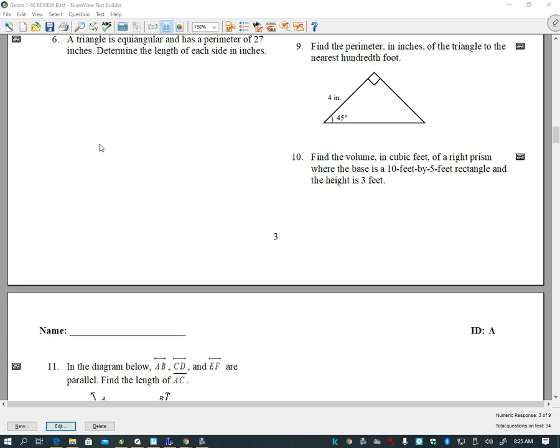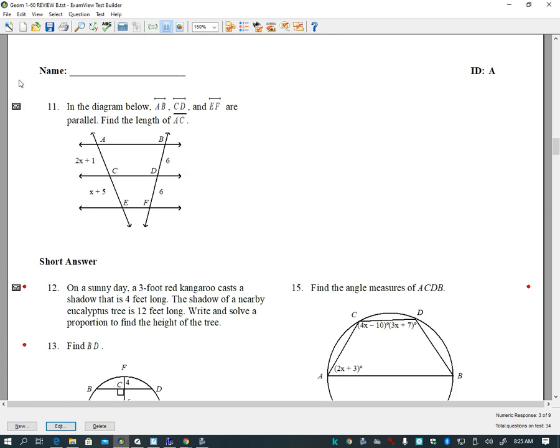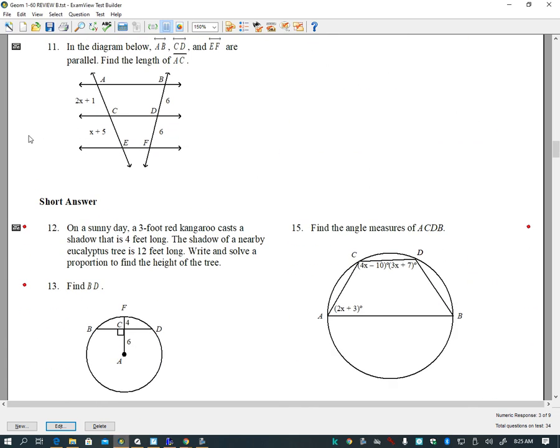Let's see, we have listed number 10 as nobody having missed it, so we'll move past it. Look at question 11.